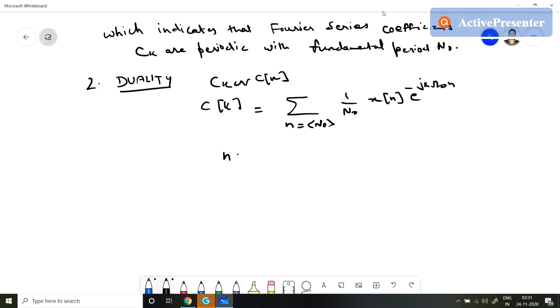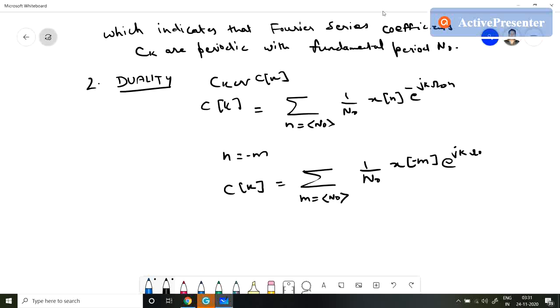Now if we let n equal minus m, we will get Ck equals the summation over the range of m of 1 divided by N naught x of minus m e raised to the power jk omega naught m.